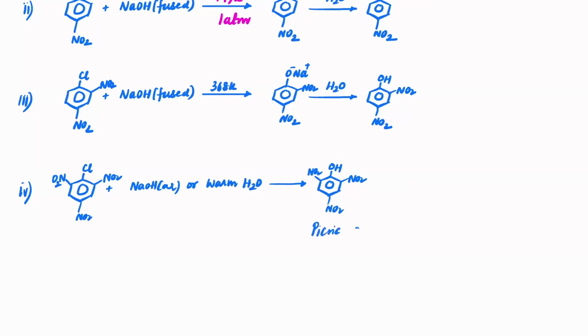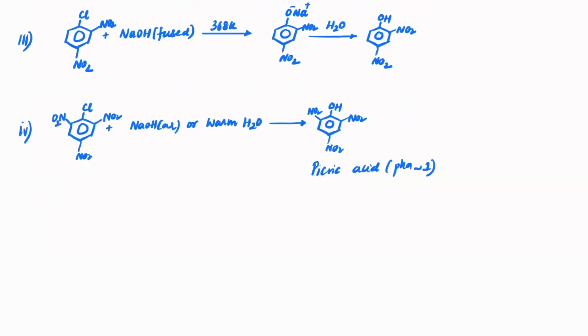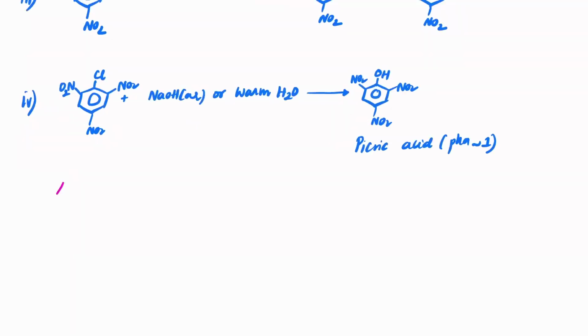Picric acid pKa value is approximately 1, which means it is stronger acid than phenols, carbonic acid, and so on. So let me remind you again and again here. So check acidic strength. If you compare acidic strength, you will notice that picric acid is more acidic than any carboxylic acids or COOH in general.